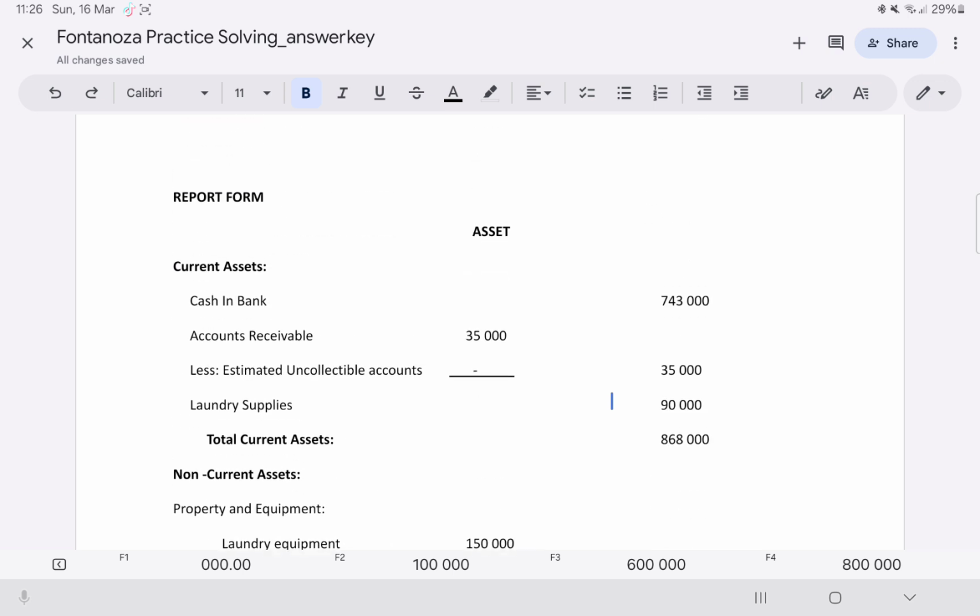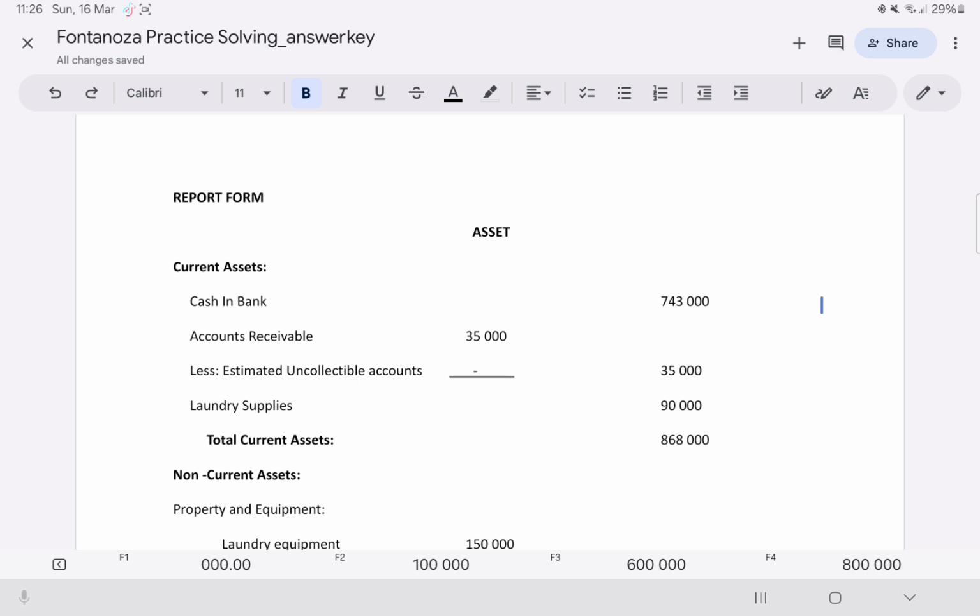If your financial position is not balanced, there might be an error. So you're going to go back and recheck what accounting title or what amount made an error in your presentation.